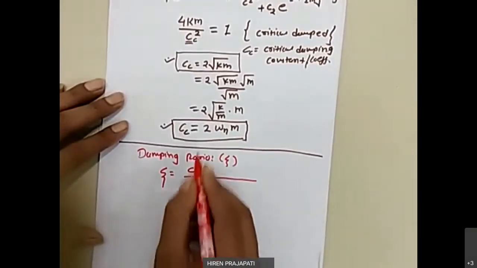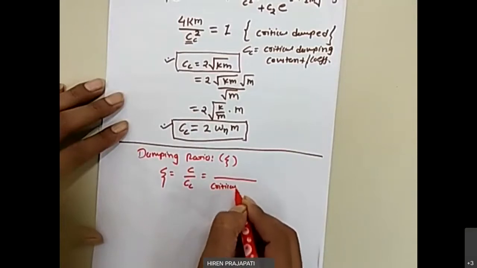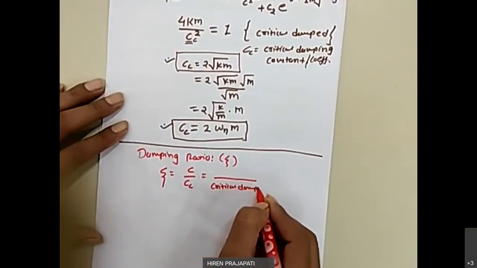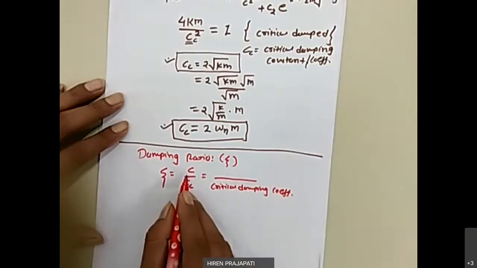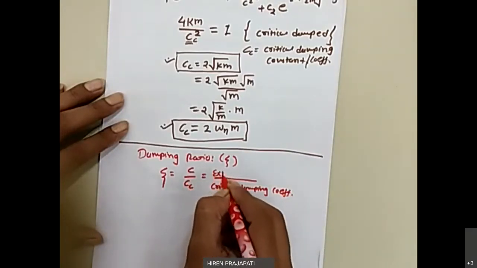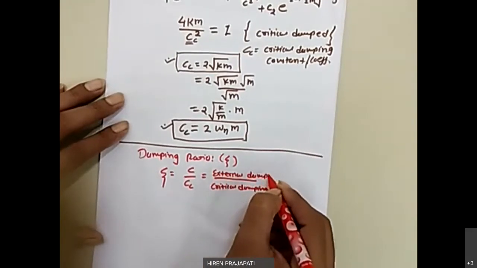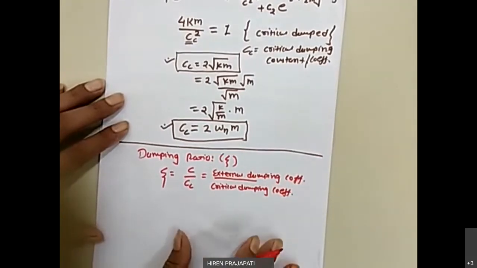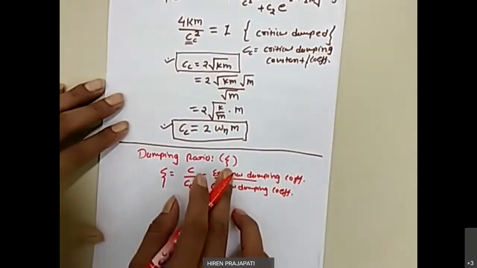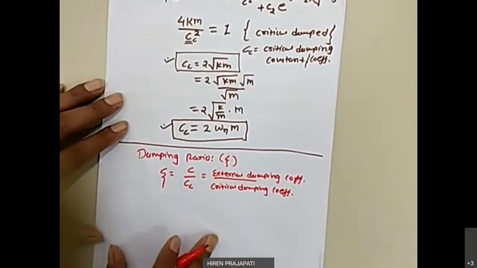As we have derived earlier, Cc is the critical damping coefficient, and this C is the external damping coefficient, right? This is called the external damping coefficient, and this is called the critical damping coefficient.